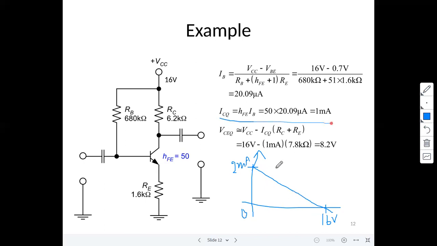We already calculated ICQ is equal to 1 milliampere, and VCEQ is 8.2 volts, approximately half of the DC load line. Here it is 8 volts, here it is 1 milliampere. So now this is the Q point. Q point is equal to (VCEQ, ICQ), that is equal to (8, 1).